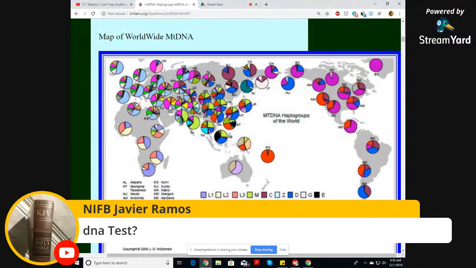And this green over here, the light green, that would be T, that's Semitic. And you even probably have K. I'm looking for K. K is a little bit in here too, mixed in. You can see it in here.